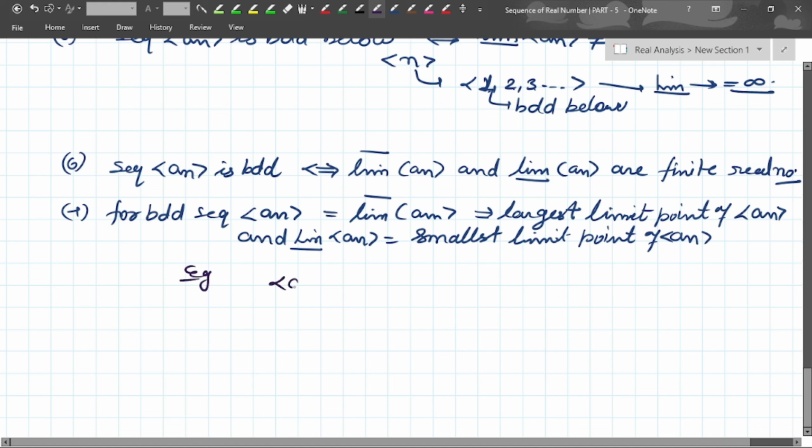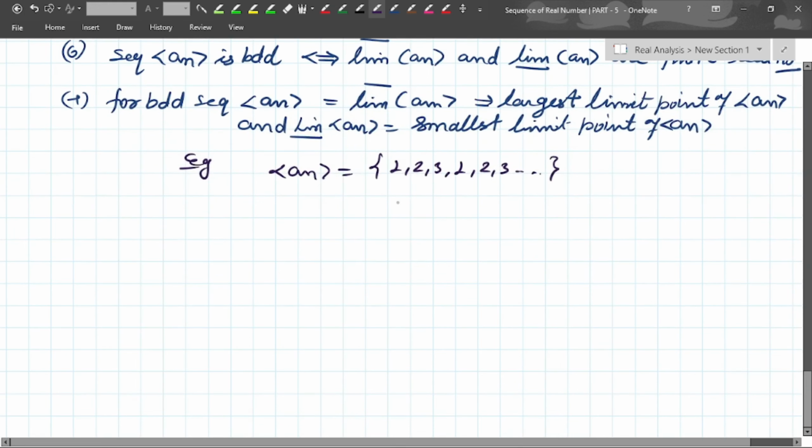So for this a_n, let's say 1, 2, 3, 1, 2, 3. What is the concept of limit point? Limit points are those which will be repeated infinitely many times. In this, these three terms will repeat infinitely often. So the set of limit points is going to be 1, 2, and 3.